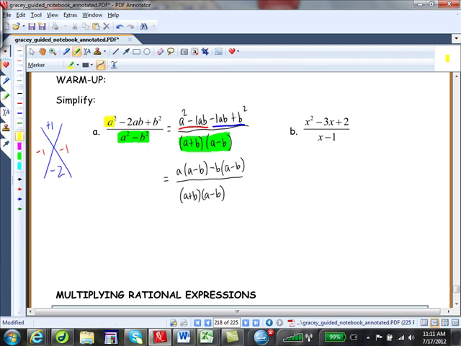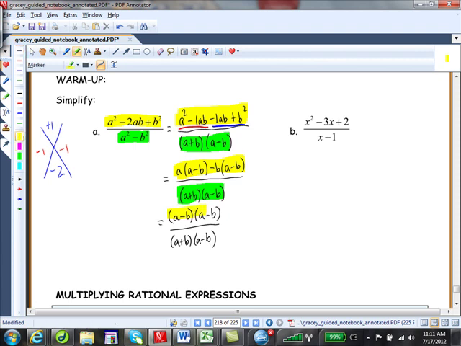So far, this is equivalent to this, which is equivalent to this. And of course, the green is still the same. So then I can factor out an a minus b from the numerator, and I'm left with an a minus b, and that's over a plus b times a minus b.